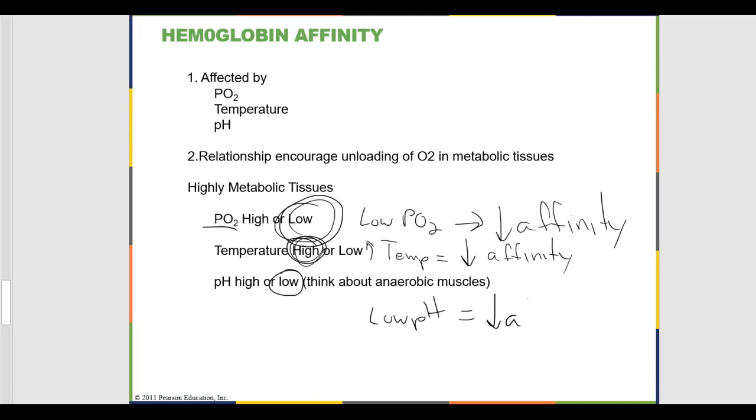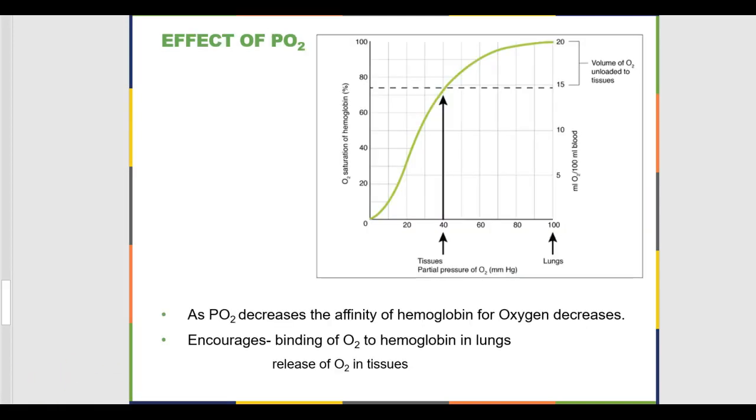So you are going to want decreased affinity of hemoglobin for oxygen so that more oxygen leaves the bloodstream in the tissues with the lower pH, the higher temperature, and lower partial pressure of oxygen. And that's all these slides say.